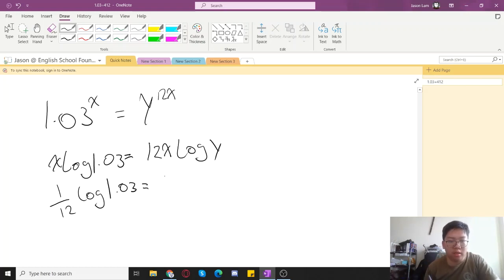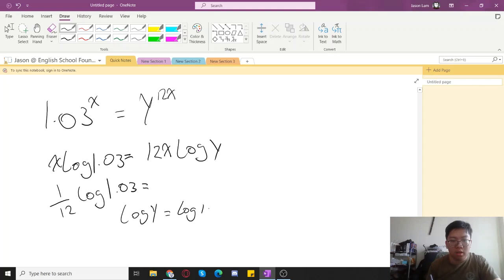Okay, so now we have log y to the 12. Yeah, okay. So this would mean, okay, let's figure this out first. Because this is an actual number that we can find out. Oh wait, no, we can just simplify this.